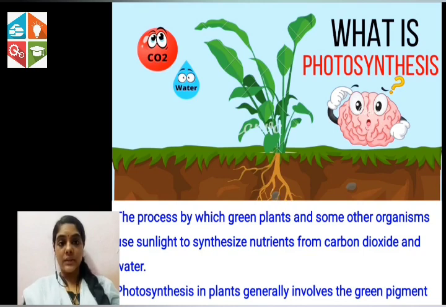Plants use sunlight, carbon dioxide and water, and they give out the nutrient that is going to be your sugar, that is glucose, and oxygen. So oxygen is the byproduct of photosynthesis. This involves a green color pigment called chlorophyll. So photosynthesis takes place via this pigment called chlorophyll.